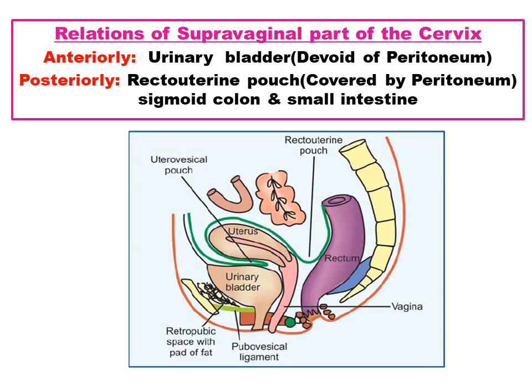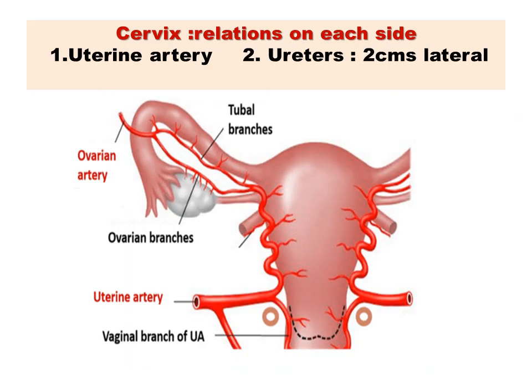Coming to the relations of the supravaginal part of the cervix. Anteriorly, it's devoid of peritoneum and is related to the urinary bladder. Posteriorly, it's covered by the peritoneum and is related to the recto-uterine pouch, also related to the sigmoid colon and the coils of small intestine.